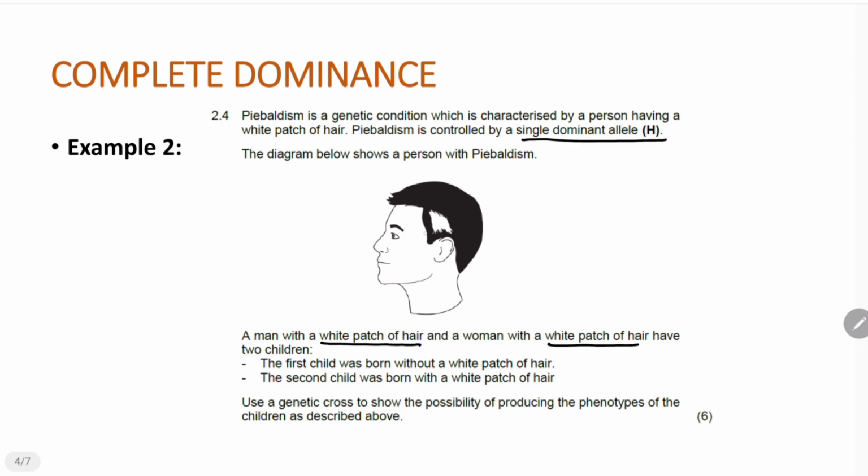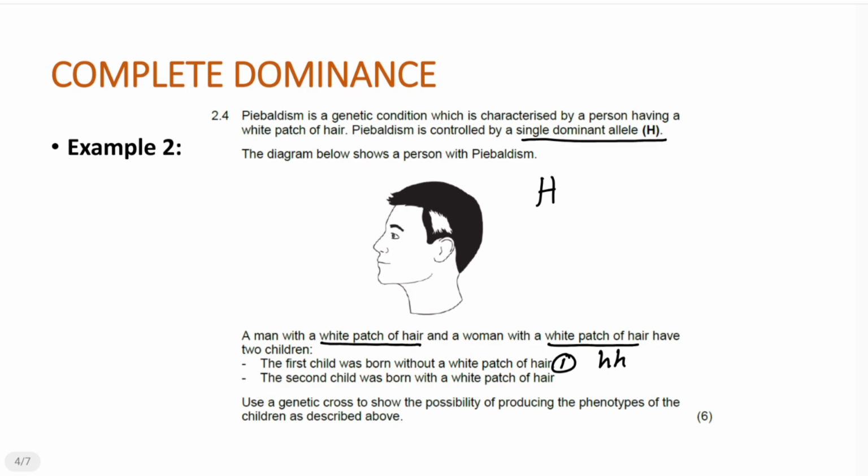The parents both have this white patch of hair, but there's one child here who is without this white patch of hair. And I know that in order for you to have this white patch of hair, you must have the dominant allele, which is capital letter H. But since this couple was able to have child number 1 here, who does not have this white patch of hair, it tells me that the genotype for this child has to be small letter h, because this child does not have this white patch of hair.